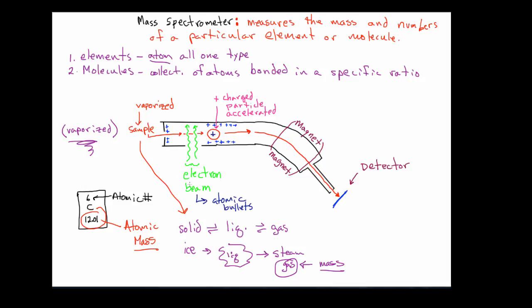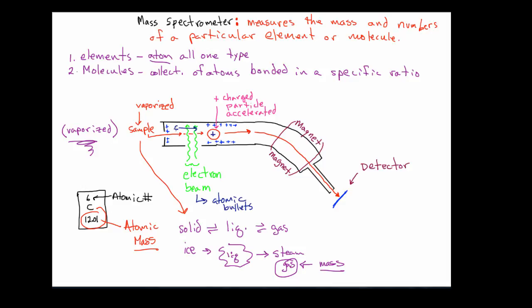Now, if you imagine this situation on an atomic level, and let's say you happen to be a carbon atom, all right, that's been projected through this beam, what's going to happen as these electrons impinge on you or hit you is some of the electrons that you have within your particle are going to be knocked free.